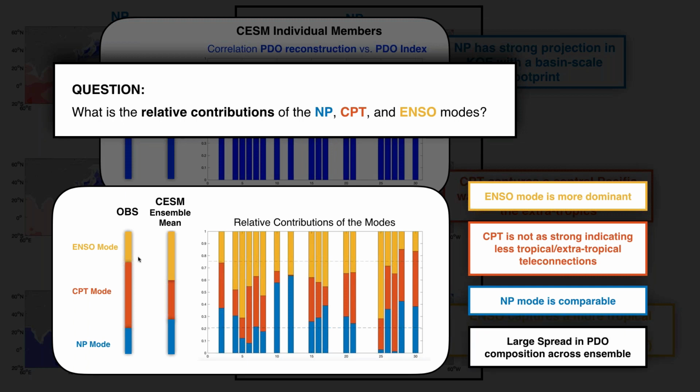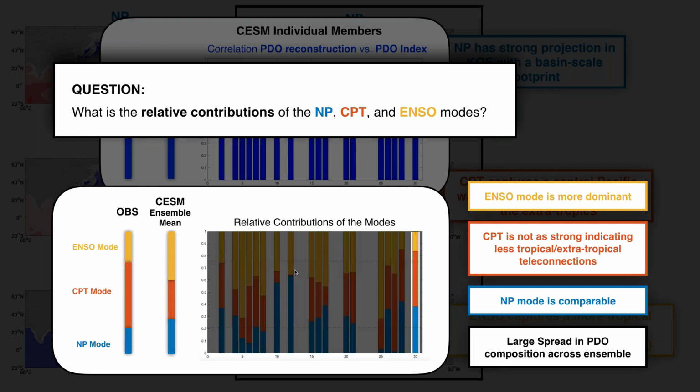However, there's a large spread in PDO composition across ensemble members. For example, in this world, it looks a little bit like the real world, but in this world, it's completely ENSO dominant, while in these members, it's definitely North Pacific mode dominant.